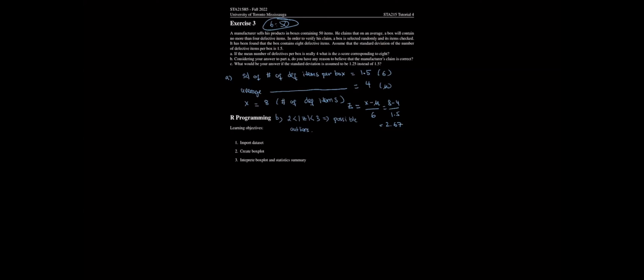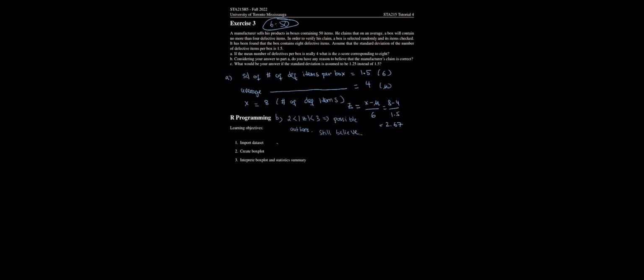Which means that we can still believe that the manufacturer's claim is correct, and we can just think that x equal to 8 is a possible outlier, higher than the usual mean.